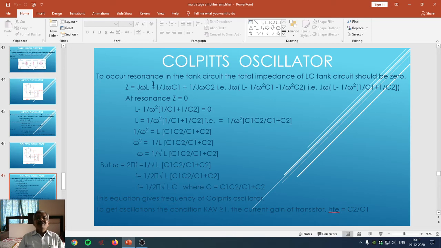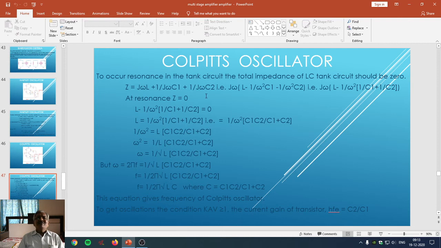j omega L, that is the impedance of the inductance, plus 1 upon j omega C1, that is the reactance of capacitor C1, plus 1 upon j omega C2, the reactance of capacitor C2. So the sum of the reactance of the inductance and the reactances of the capacitors gives the total impedance of the tank circuit.